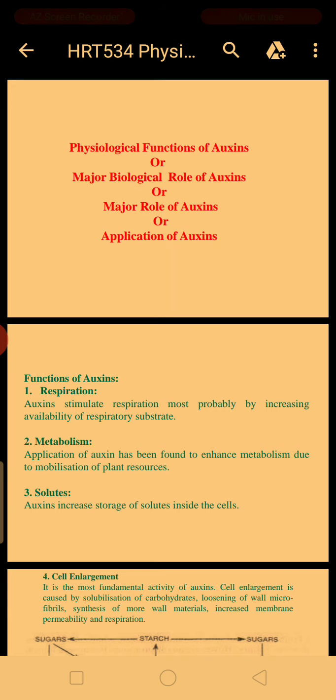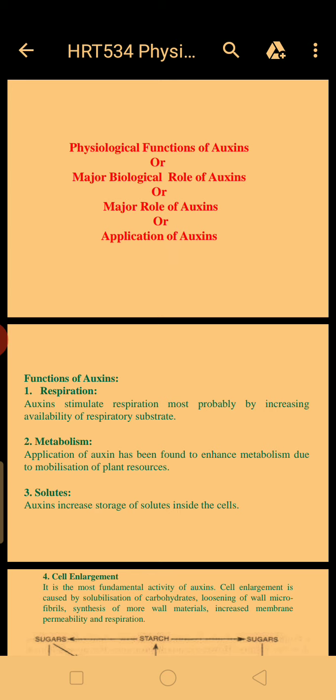You can see it clearly in this picture, and in slide number 3, cell enlargement. How will the cell enlarge? After photosynthesis, starch is produced, and this starch is solubilized into sugars. Based on the sugars, cell enlargement will take place. How?